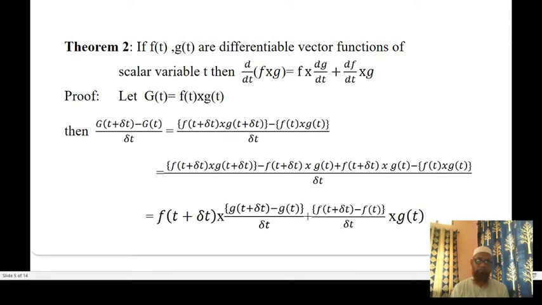In the numerator, we add and subtract f of t plus delta t cross g of t. So the numerator becomes f of t plus delta t cross g of t plus delta t minus f of t plus delta t cross g of t plus f of t plus delta t cross g of t minus f of t cross g of t.